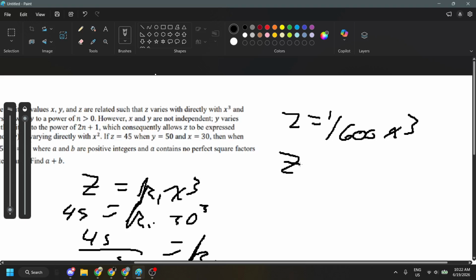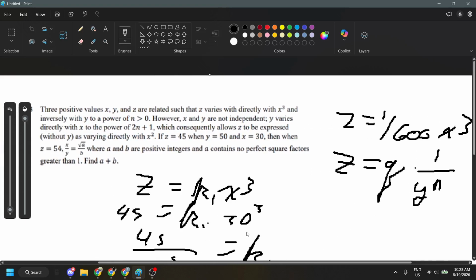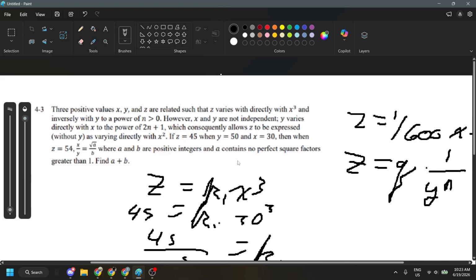So z is equal to q times 1 over y to the n. However, x and y are not independent.